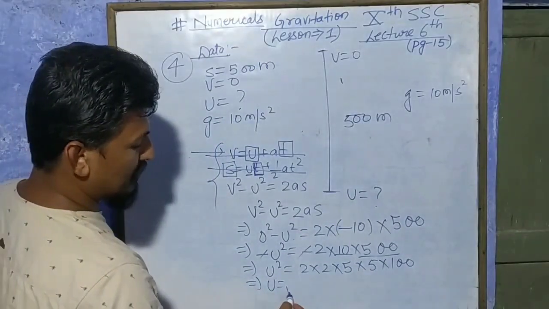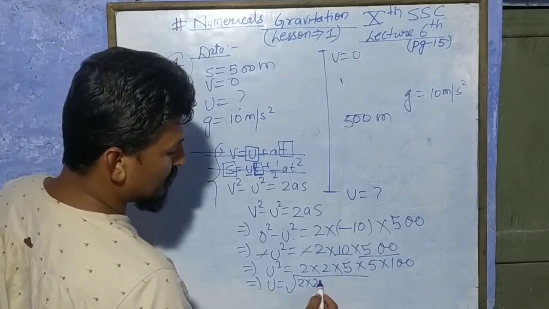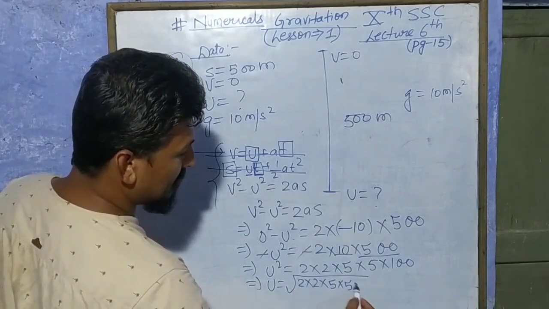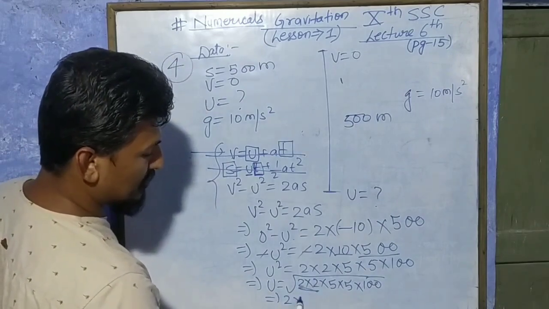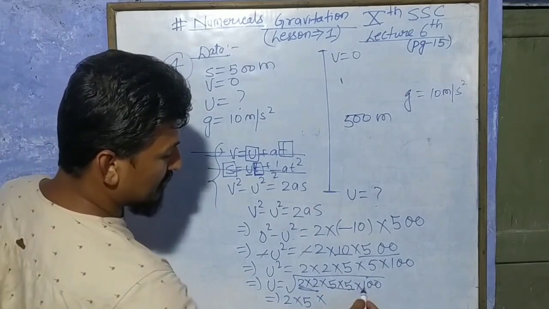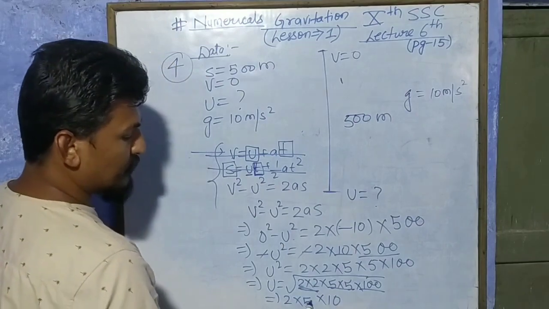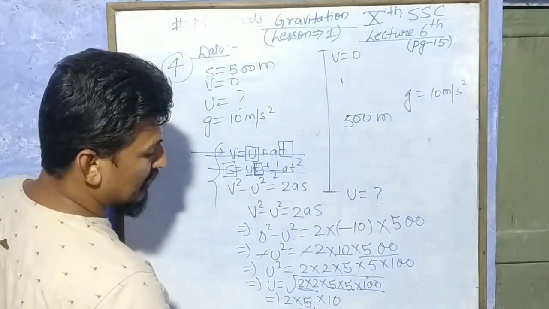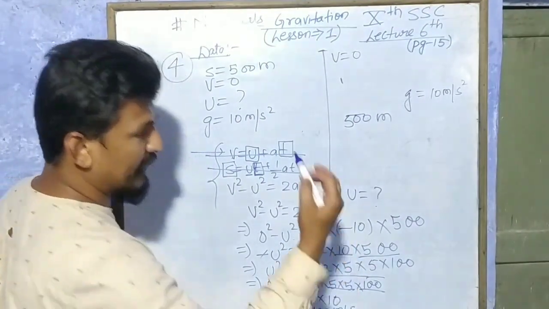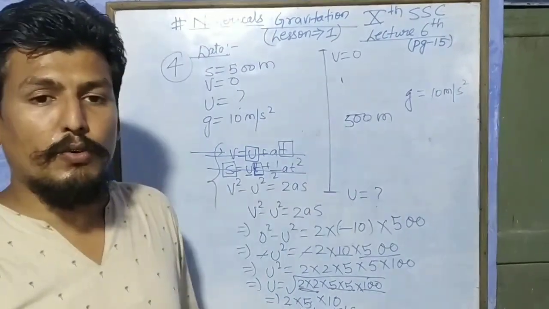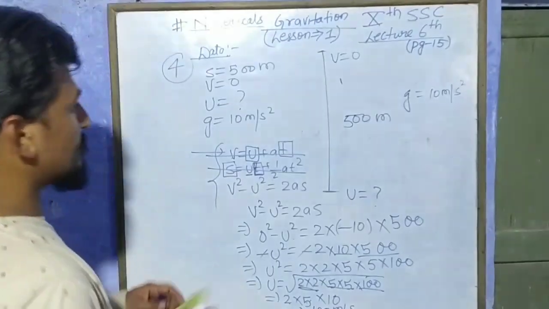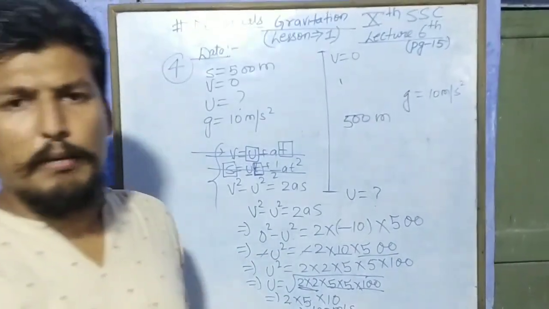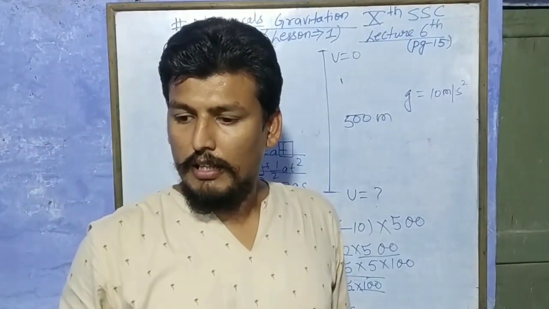So U is under root 2 into 2 into 5 into 5 into 100. This becomes 2, this becomes 5, and this becomes 10. 5 into 2 is 10, and 10 into 10 is 100 meter per second. So the initial speed is 100 meter per second.